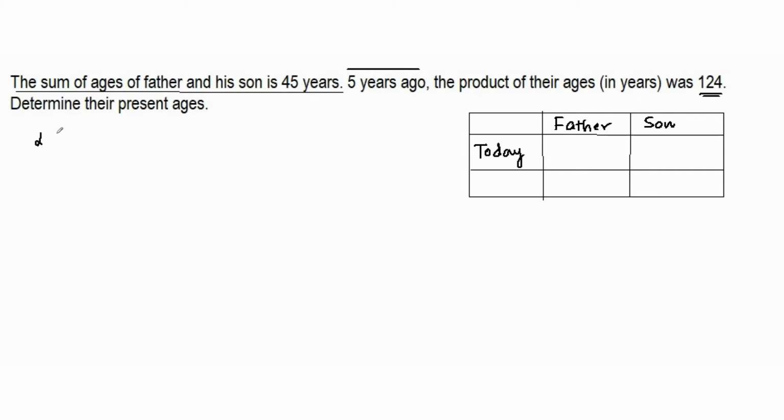So I would say let the father be x. And if the father is x years old, then the son's age will therefore be 45 minus x. So why 45 minus x? Because the sum of their ages is 45, right? So if the father is x, then the son is going to be the remaining part of 45. So x and 45 minus x.